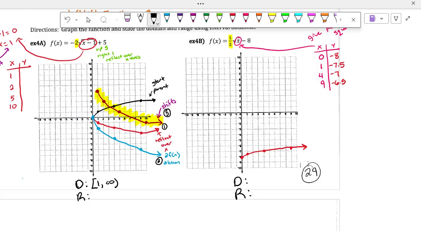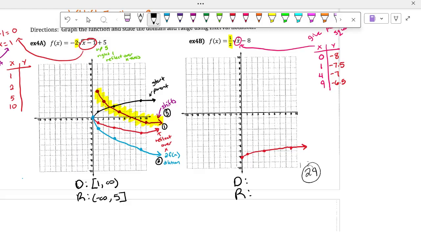Now, range. Think about this carefully. What's my lowest y value? Negative infinity. Because this is pointing downwards. Where does it end? Positive 5. What about over here?